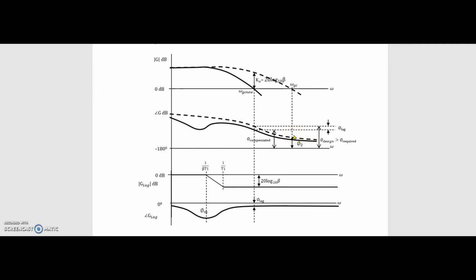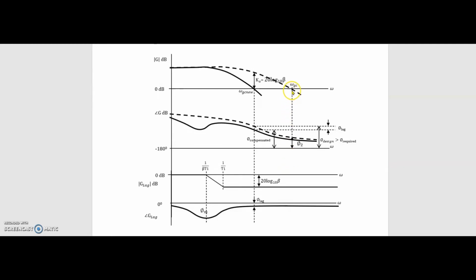Sometimes we want our phase margin to be more, because for a system to be stable, phase margin should be positive, but if it is very low, then at some disturbance phase margin may become negative, and in that case the system will become unstable, and we cannot afford to have a system which can become unstable by disturbances. That's why we keep phase margin well above minus 180 degrees, because it improves the relative stability.